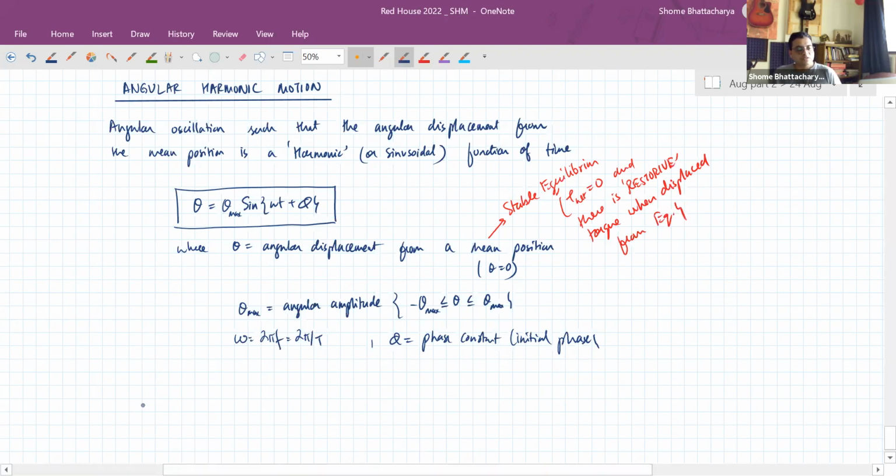So now from this, you can also see that the angular velocity at any instant, d theta by dt, is also a harmonic function of time. And therefore the angular acceleration is also a harmonic function, such that it is proportional to displacement, that is angular displacement, of course, from the mean position.